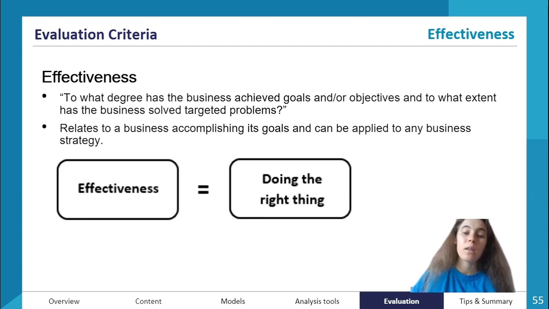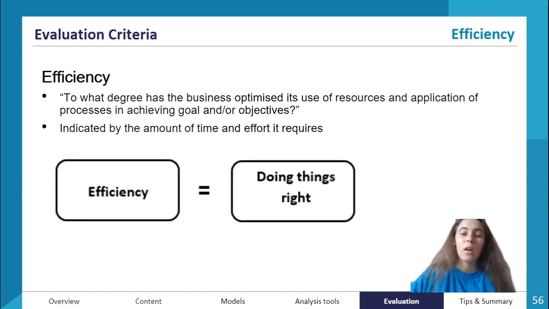So effectiveness is about doing the right thing. And then efficiency is about doing that thing right. So optimizing the use of resources and processes to achieve the goal in a really efficient way. So this is about the time and the effort and the money that is required for a change or a strategy to occur.